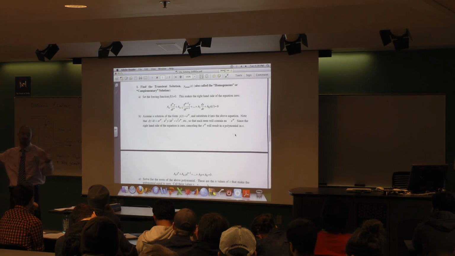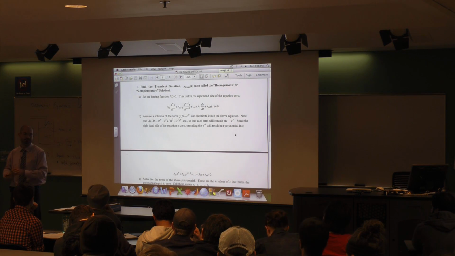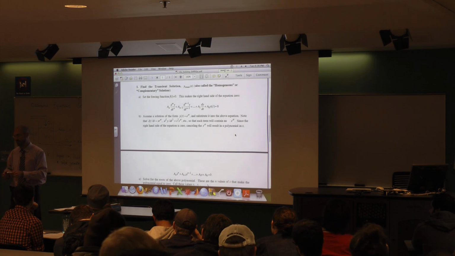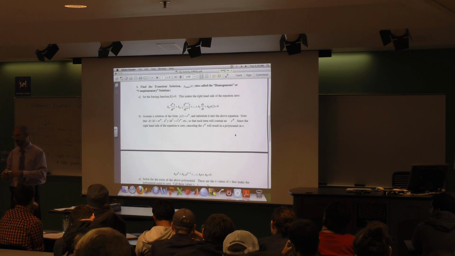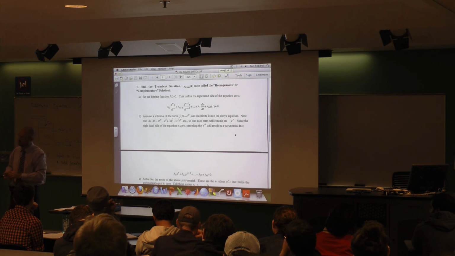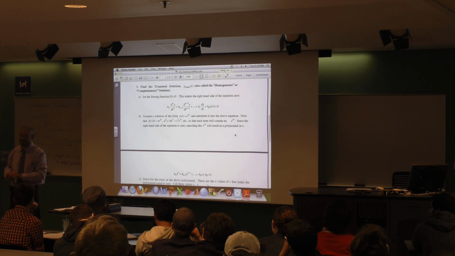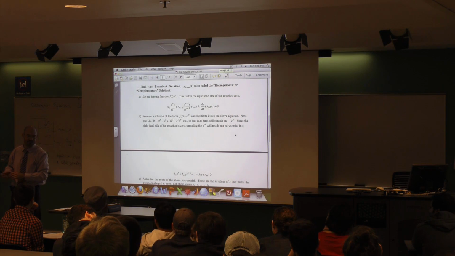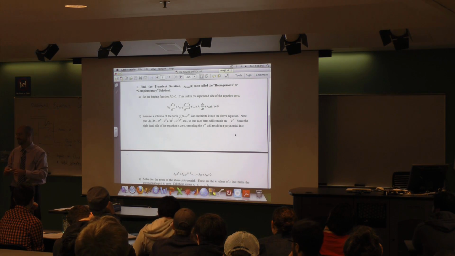Keep in mind, there's other exponentials, right? Like what if e to the st, what if the s is imaginary? J, something j. Is e to the j theta a decaying response? What's e to the j theta?